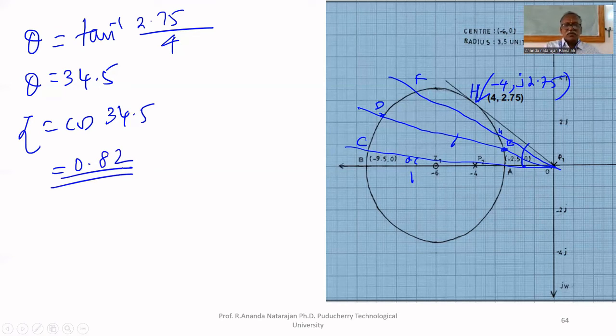At the other points, D, B, F and G, it is greater than 0.8.